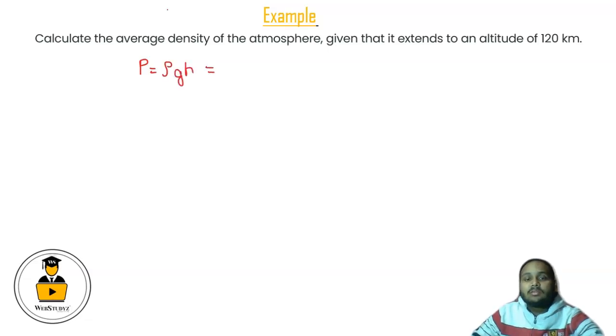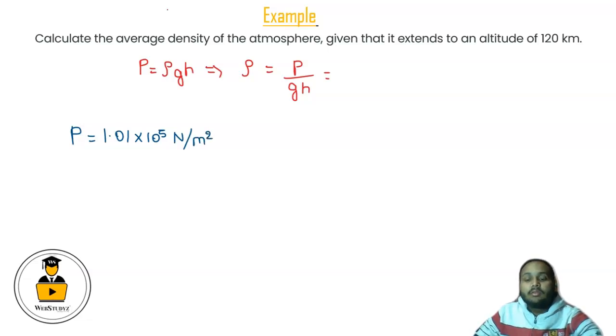And we have been asked for density. So rho is equal to pressure upon gh. This will be the formula that we will have to use. So here P is our atmospheric pressure, the value of which is 1.01 into 10 to the power 5 Newton per meter square.